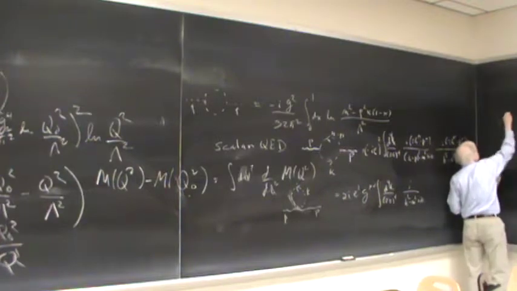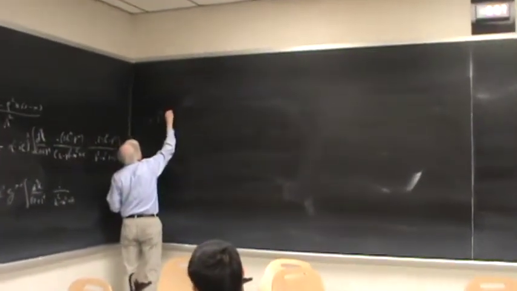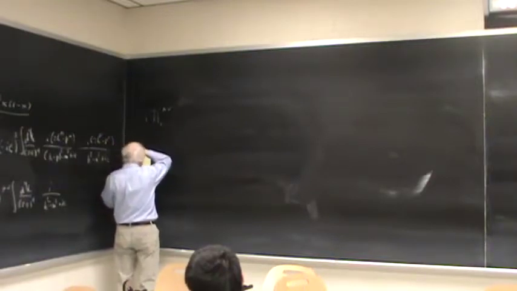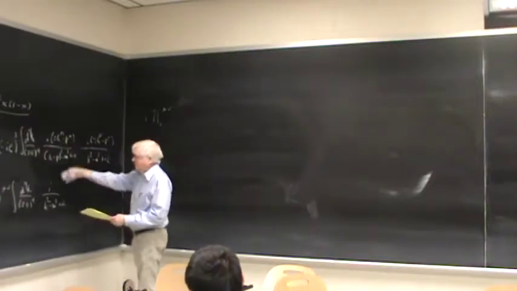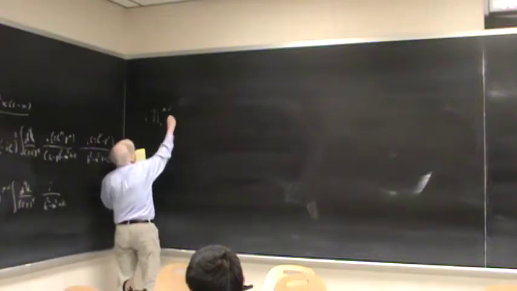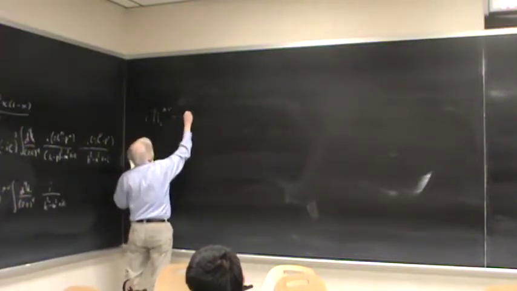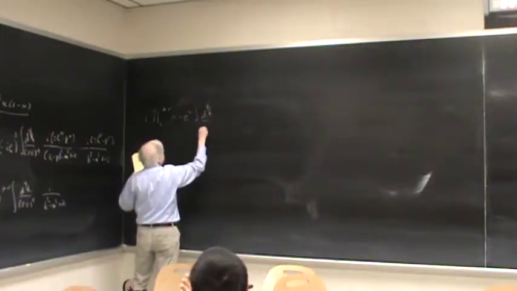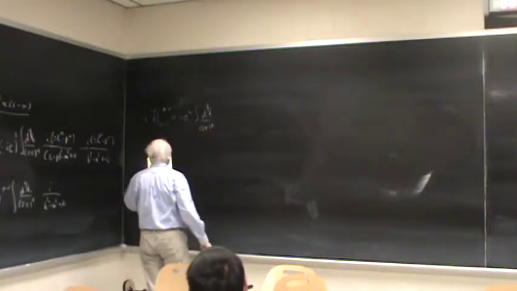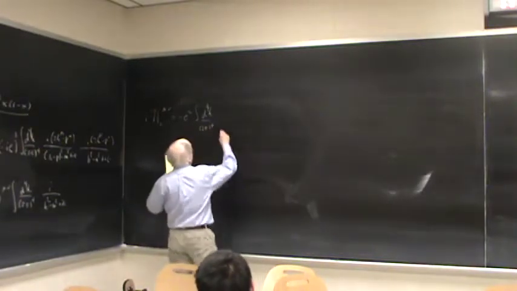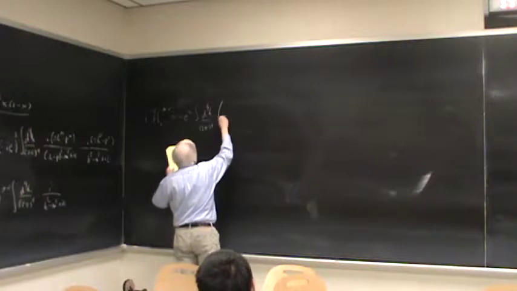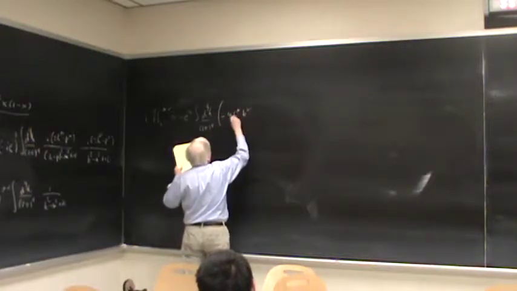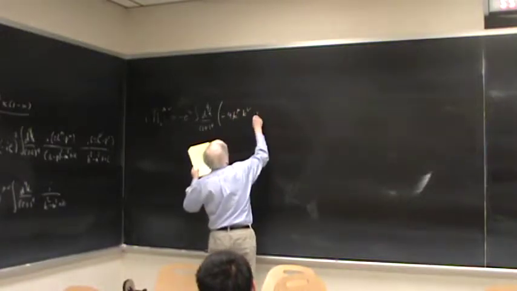Okay, so what we have then is i pi mu nu. So this is what you get when you combine these together, and then you get something that's d4k over 2 pi to the fourth, and now a big, so this is rather complicated.